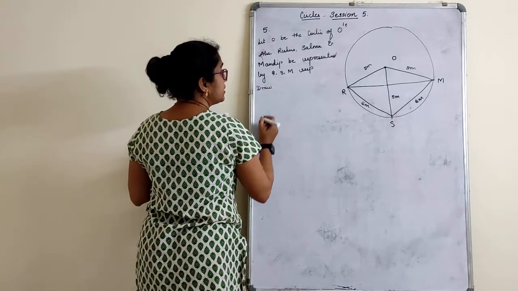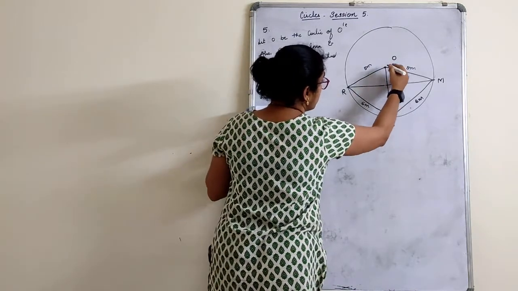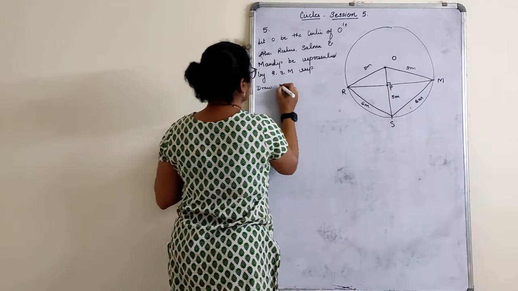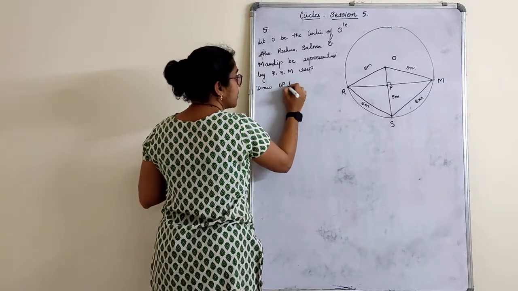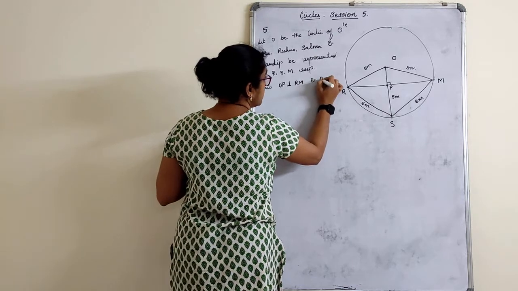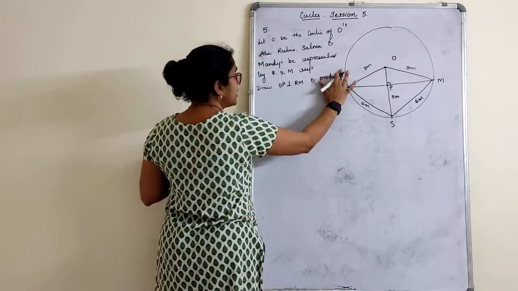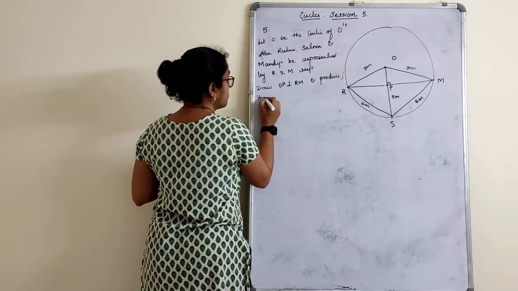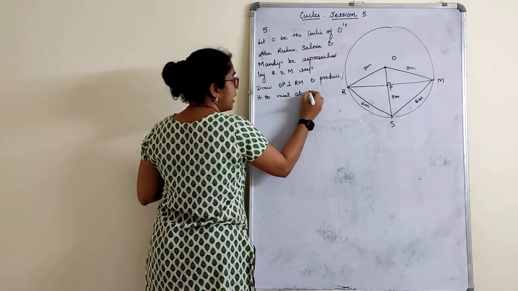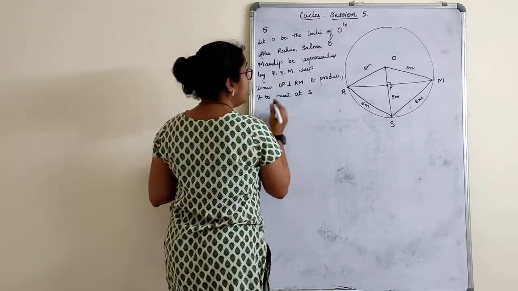What we have to do here, draw OP perpendicular to RM and produce it to meet at S. That became the radius here.